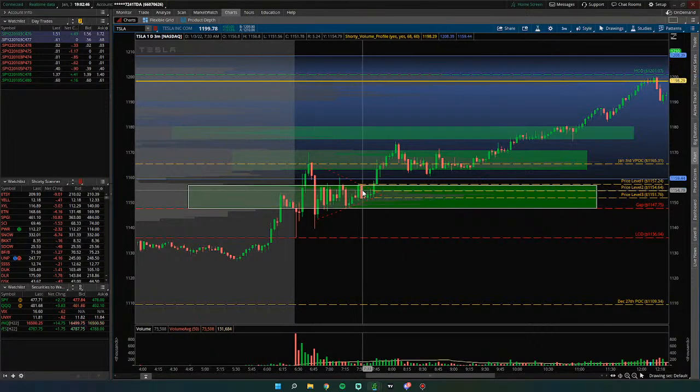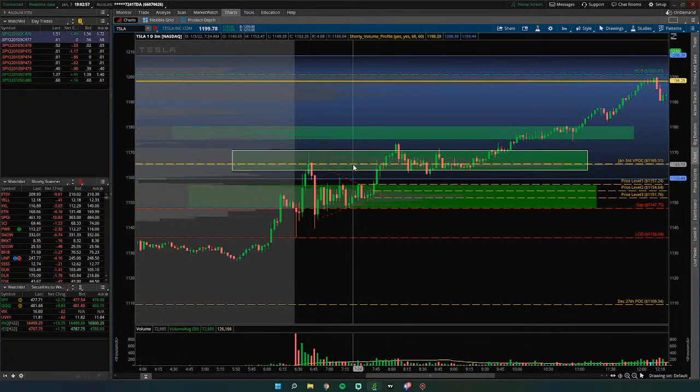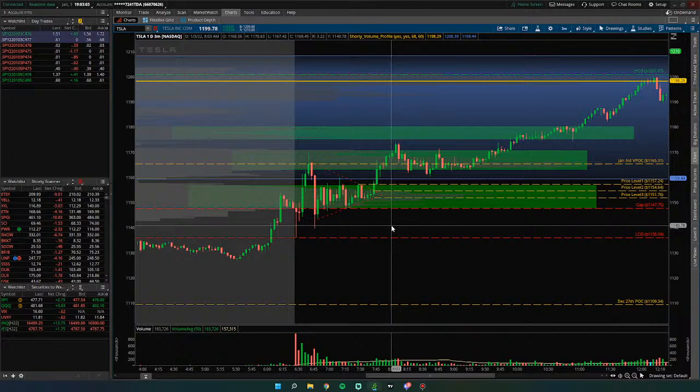I like to wait until we're starting to break out above or below, because that's where you start to see movements. And if you were taking this trade here, your first trim is going to be at this VPOC here, which is why it's important to have these on your chart. If you're using ORBs, you can use ORB levels for your trims.